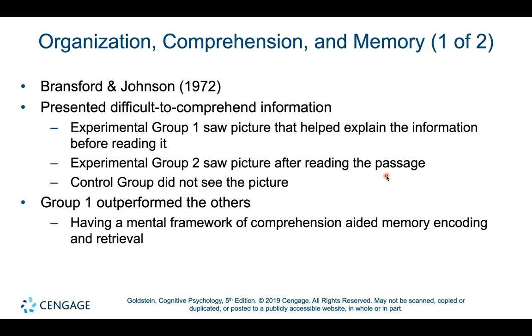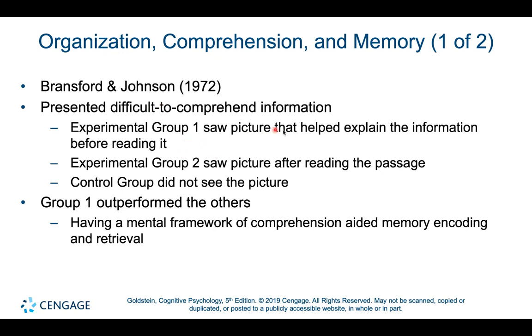Another example of how the way we organize information can have an impact on our ability to encode it comes from this really interesting experiment in 1972 where Bransford and Johnson gave people kind of weird information to remember. It's just off the wall, funky, weird stuff that you wouldn't typically encounter.